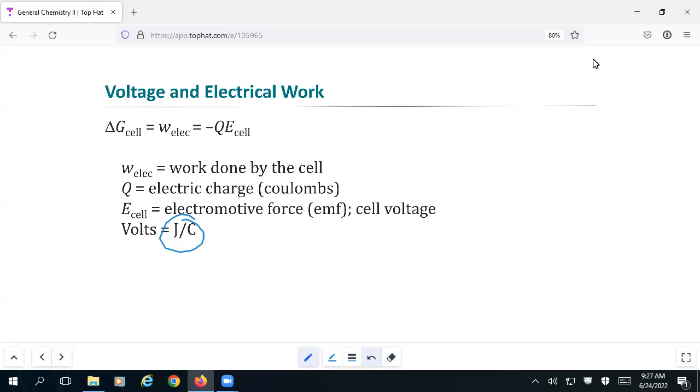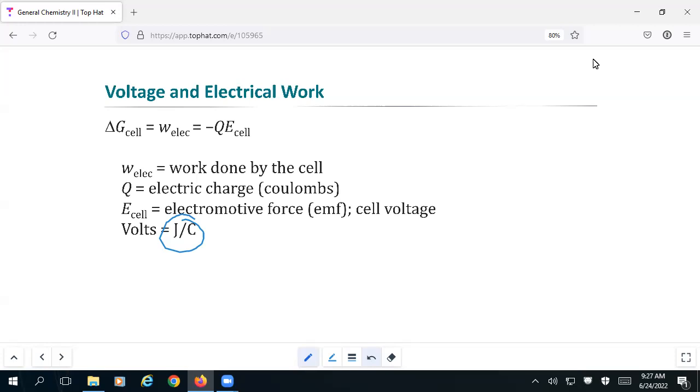And the negative value there is because Q, the electric charge, can only be positive, and we associate spontaneity with a positive E value.